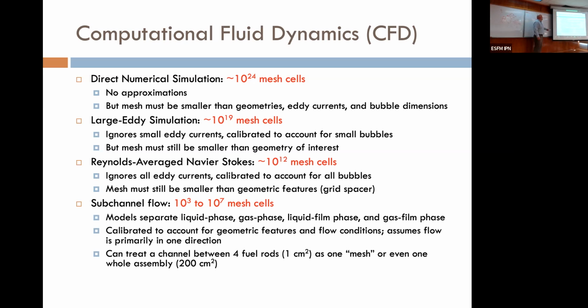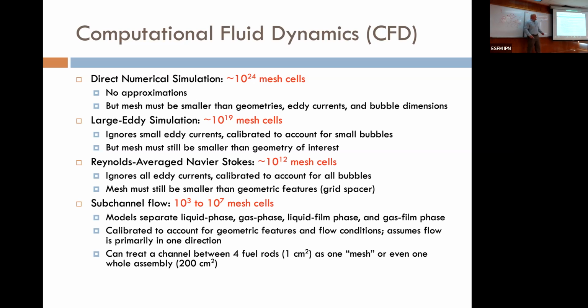So there have been people that have run Reynolds average Navier-Stokes on our supercomputers for an entire nuclear reactor core and gotten the flow with all of these approximated grid spacer geometries to get that flow distribution throughout the core. In doing so, they can generate data that helps us understand how well that subchannel is working or calibrate that subchannel.